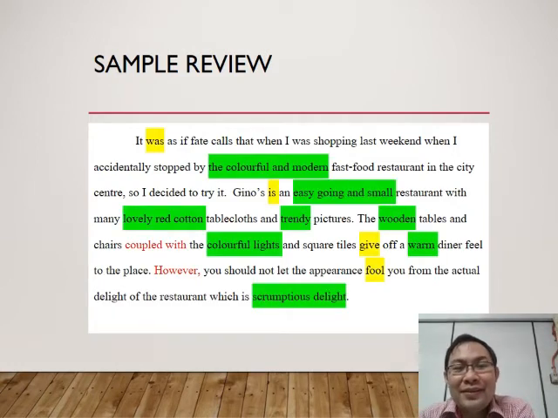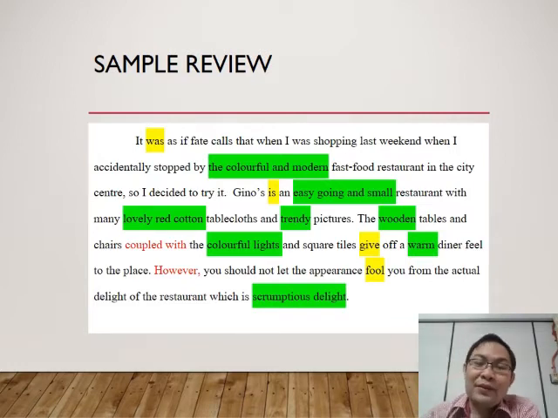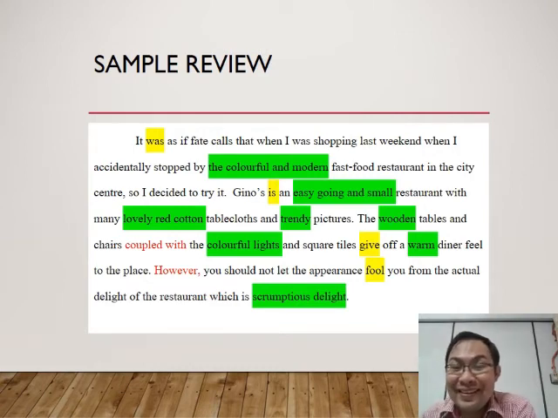So in this sample you can look at the answer. We can see that the ones in yellow are in present tense. The ones in green are adjectives. As you can see, there are many adjectives in the sample review. The ones in red are the linkers.